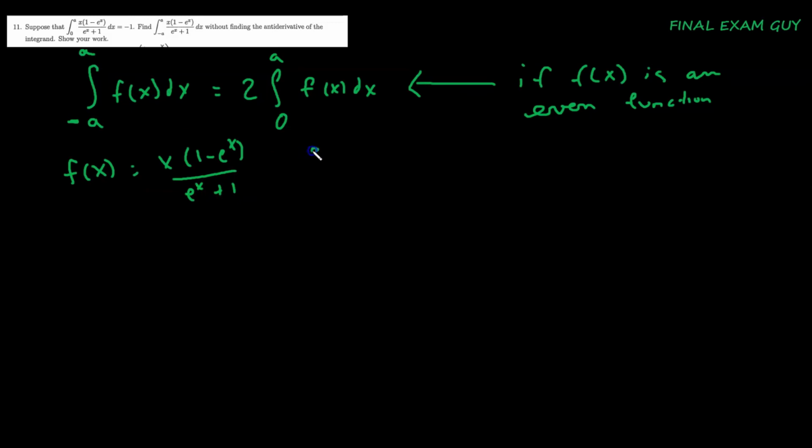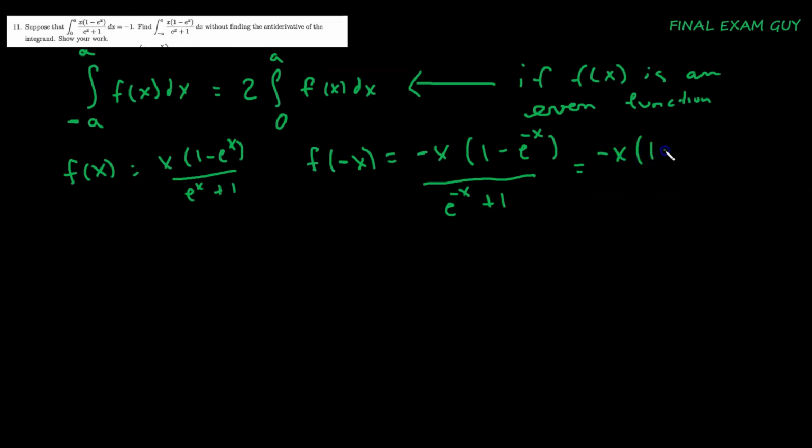To do that, we have to plug in negative x, and if we get back the original function, we have an even function. So everywhere there's an x, I turn it into negative: negative x times (1 minus e to the negative x) over (e to the negative x plus 1). Now we can manipulate this.